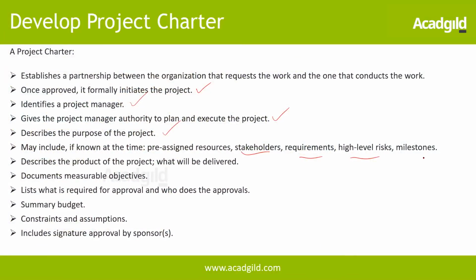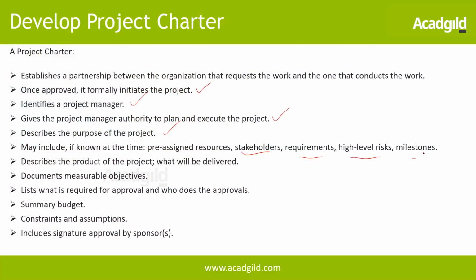It's going to contain high-level detail of who the stakeholders are and the high-level requirements, because it's not going to contain the entire requirements at this stage. We'll do that when we develop the project management plan. Here we have high-level requirements, high-level risks, and high-level milestones.